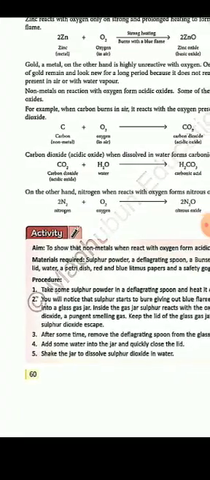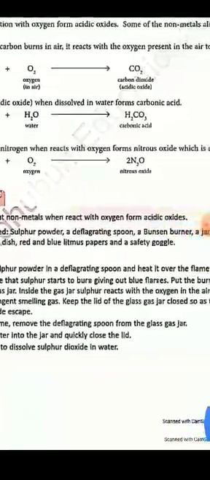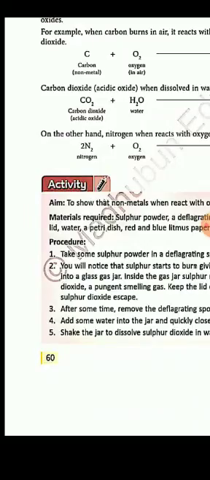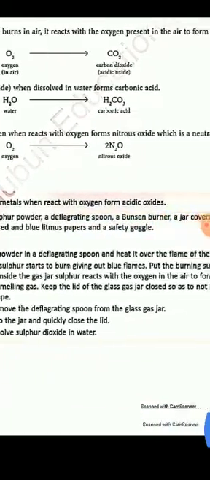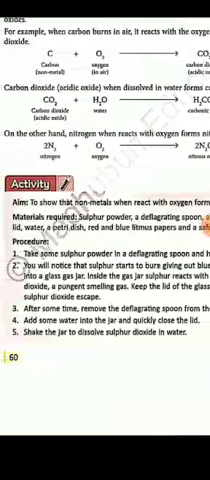What will we do? We will take some sulfur powder in a deflagrating spoon and heat it over the flame of the burner. We will notice that the sulfur starts to burn, giving out a blue flame. Now we will put this burning sulfur into a glass gas jar.